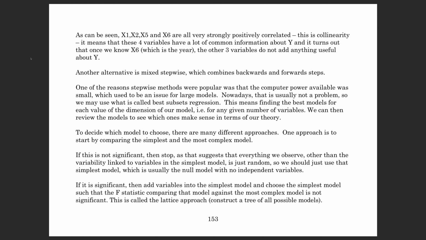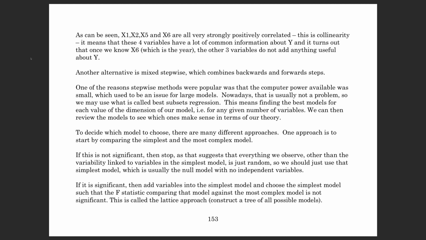As I said, stepwise models were originally popular because the computer power available was limited. Nowadays, that's usually not a problem. We can use what's called best subsets regression. That means for any given number of variables, we ask what is the best and maybe the second best model with that number of variables, and then review those models to see which ones make sense in terms of our theory.